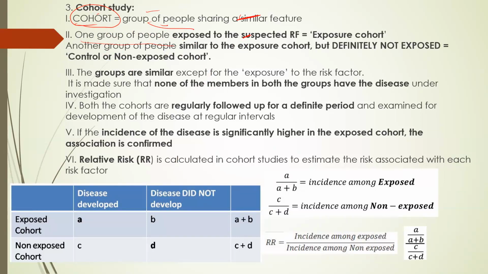Those who are exposed to the risk factor are termed the exposure cohort, because being exposed to the risk factor is something common. And the other group, which is similar to the exposure cohort in terms of age, ethnicity, etc., but the only difference is there is no exposure to the risk factor, is called the control group or the control cohort.